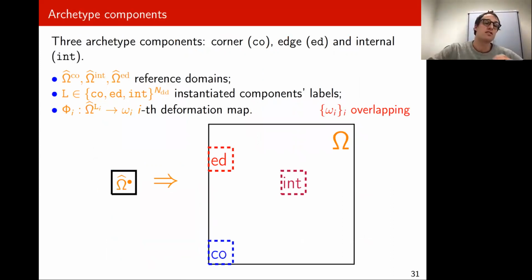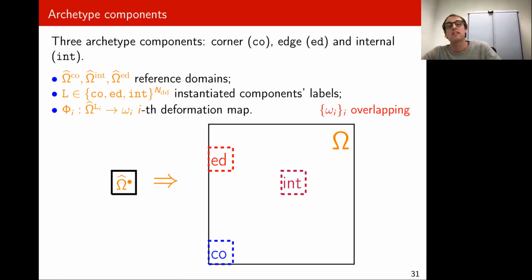We introduced 3 archetype components: corner, edge, and internal components, which are associated with 3 different reference domains, which actually in this test case are the same. We introduce a label for each instantiated component. So each instantiated component can be either corner, edge, or internal. And we introduce a mapping from the reference component to the instantiated component.